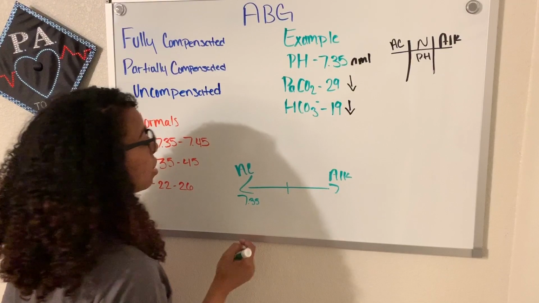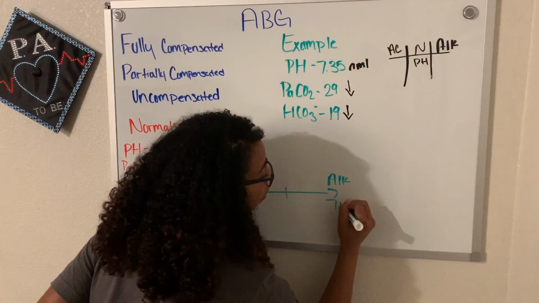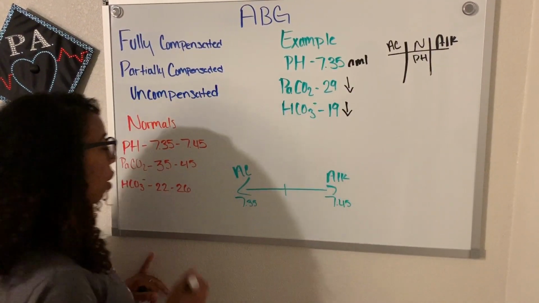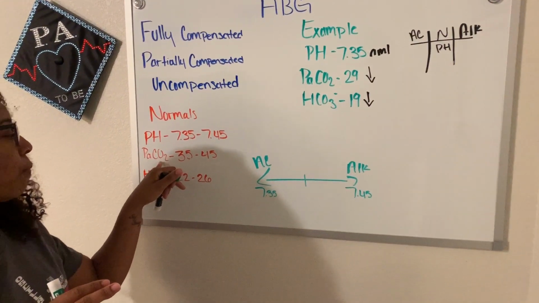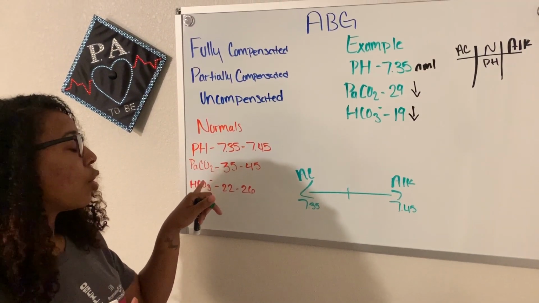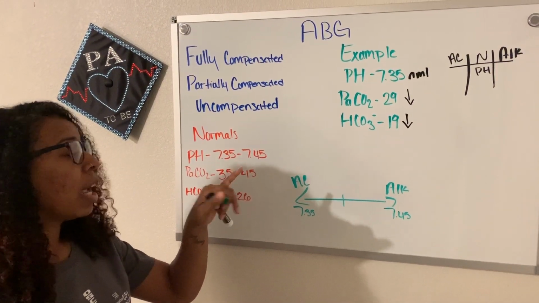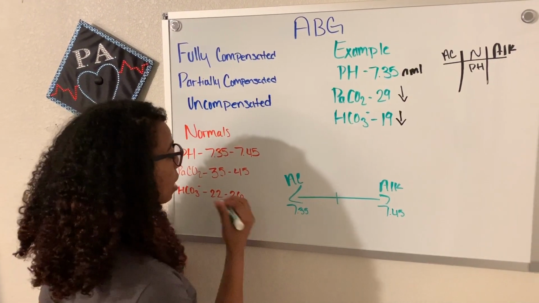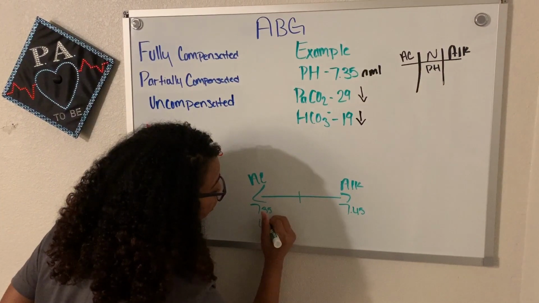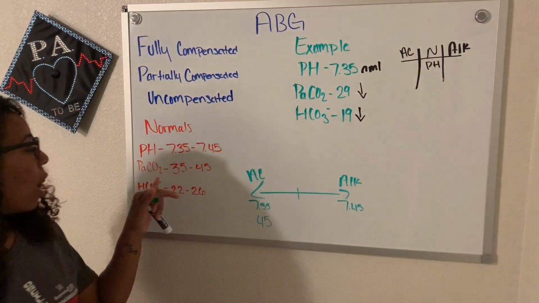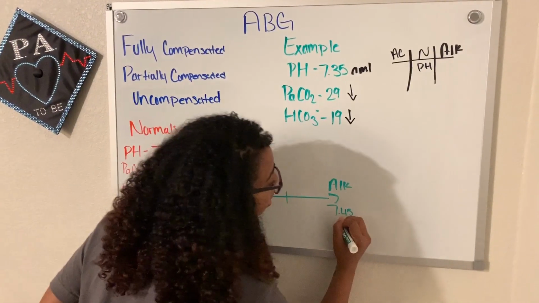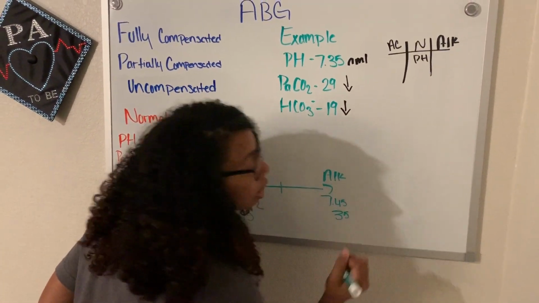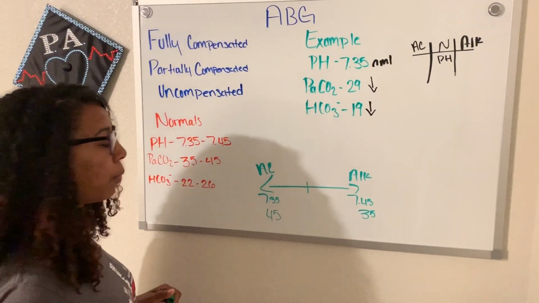And then on the alkalosis side, it's going to be 7.45. For CO2, it's opposite because CO2 is an acid. So if it increases, it's going to the acid side. So we're going to put 45 on this side. Now, if it decreases, it's going to be more basic. So that's going to go on this side. This is only for PaCO2.